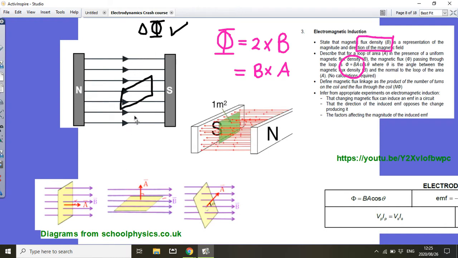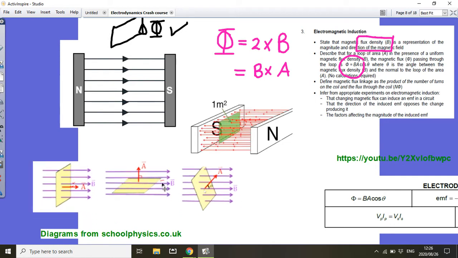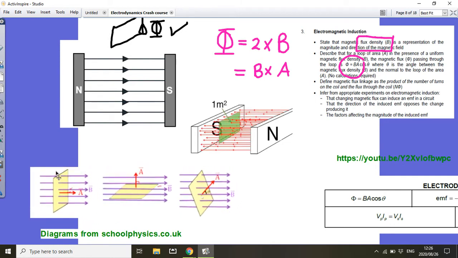When I moved in, it was increasing, and when I moved out, it was decreasing. So both times there was a change in magnetic flux. But if you look at the magnetic flux density between the North Pole and the South Pole, that still remained the same.